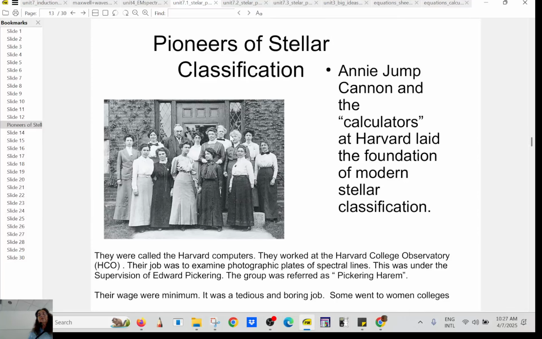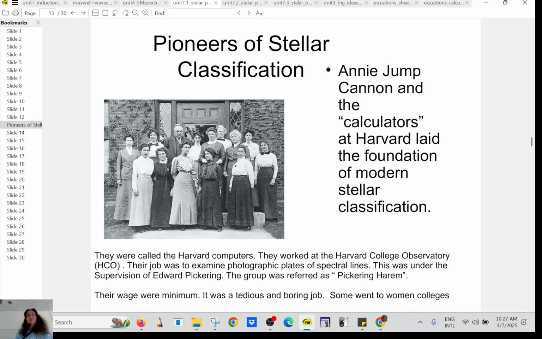And that was done by a group of women, very famous. They were called calculators because at the time you didn't have calculators. So mostly it was women in charge of that because it was very detail oriented and it was a poor low wage job, right? So this group of women were in charge of looking at 100,000 photographic plates and trying to make sense of those stellar spectra.